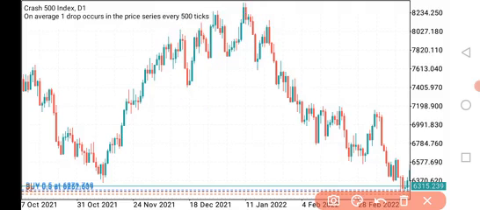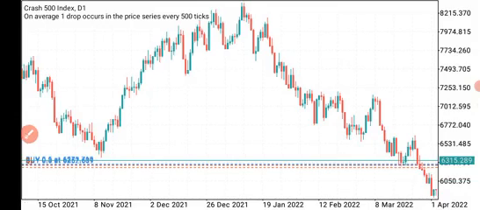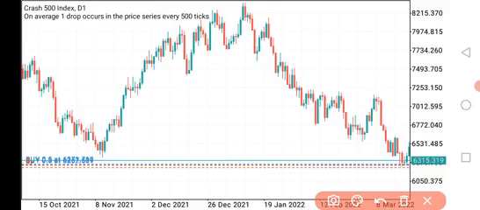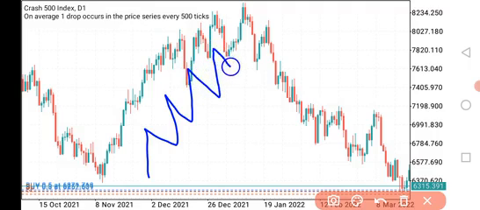Now let me explain what it means for a structure to change. Let's say price has been going up like this, creating this kind of move, and suddenly price decides to break the last low that was created.